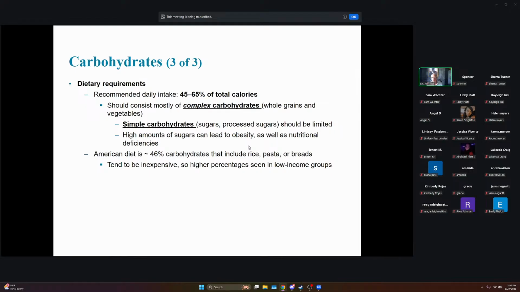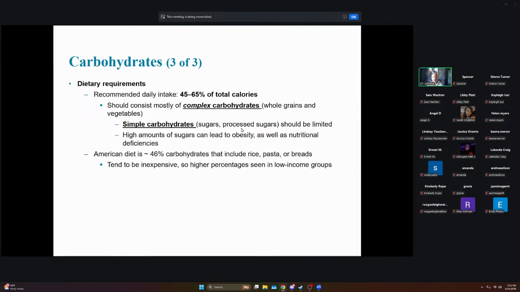We have the good carbohydrates, again, and we've mentioned these before, the grains and vegetables, even fruits, okay, are what we call complex carbohydrates, okay? They're the good carbs, and that's what we ideally should be consuming. It's the simple carbohydrates, the sugars, the processed sugars that are candy bars and chocolate cake and soda pop. Those are the things that we should try to avoid, okay?